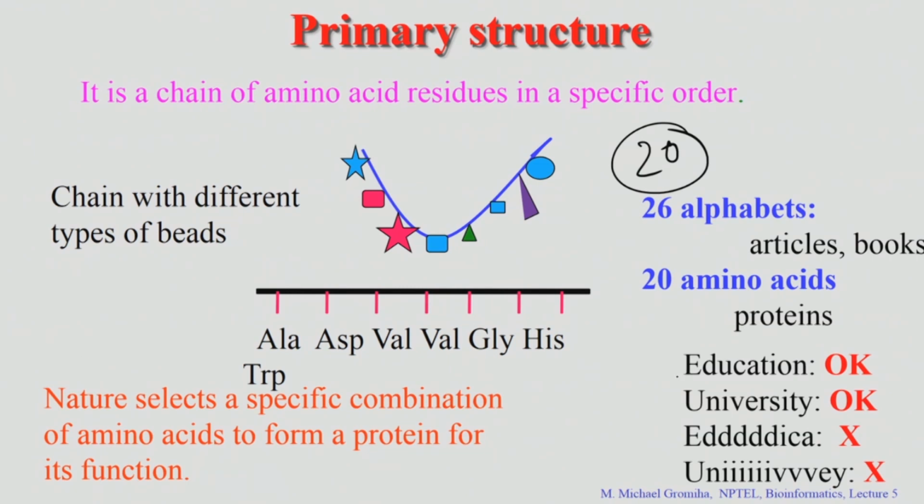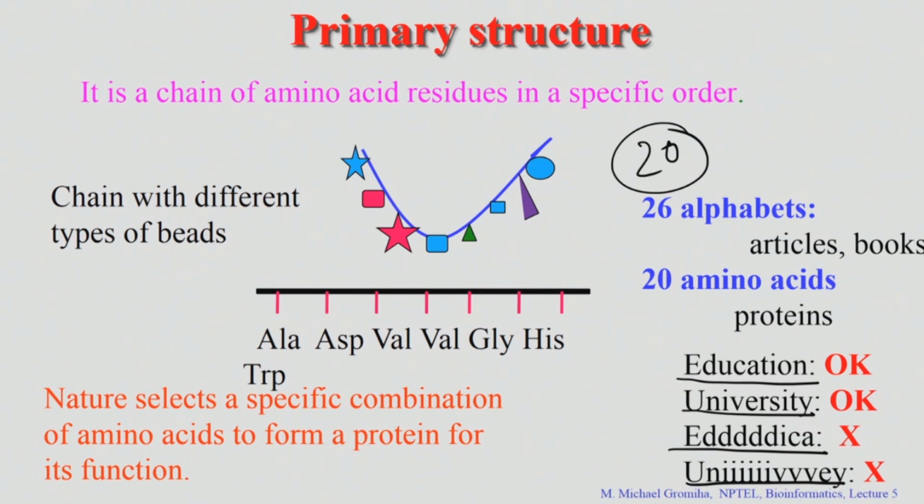For example, if you write education, this is present in the dictionary, and university is also present in the dictionary. But if you write like this, it has no meaning. I put UN and all this 4, 5, 6 I's and some V's, so it has no meaning, it is not available in the dictionary.